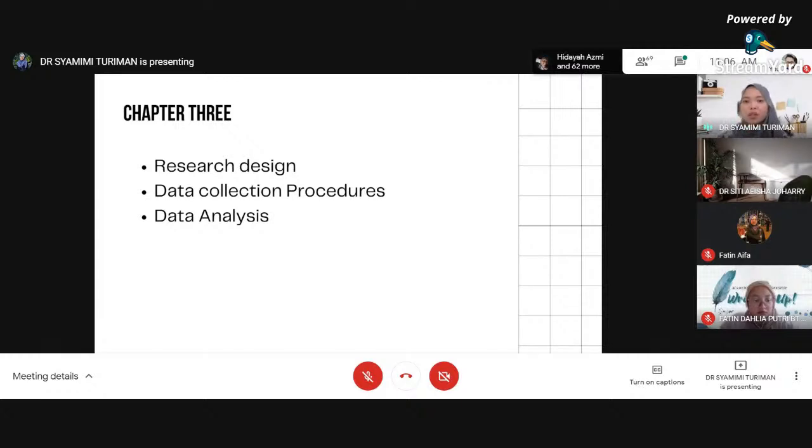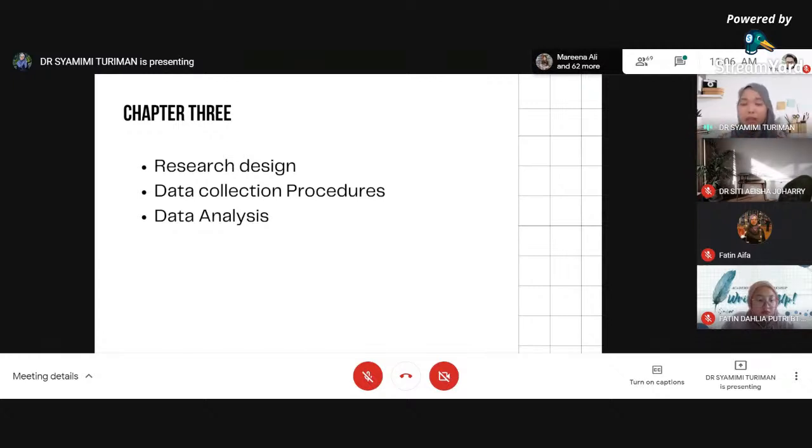In terms of data analysis, you also need to explain how your data was analyzed. That means step by step, from transcribing, for example, if any transcription is involved, to coding, then grouping the codes into specific categories, and then producing themes based on that.